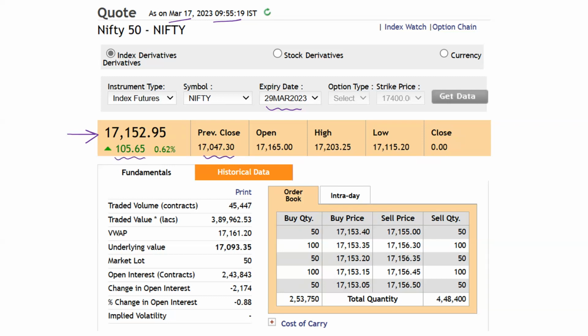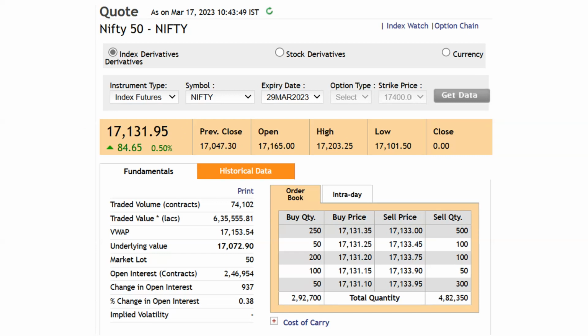So as of this particular moment, the Nifty futures are up by 105.65 points compared to the previous day. So around 9:55 a.m., if you want to know what is the price at which Nifty spot market is trading, then you will be able to see it over here. Nifty spot at this particular point is trading at 17,093.35.